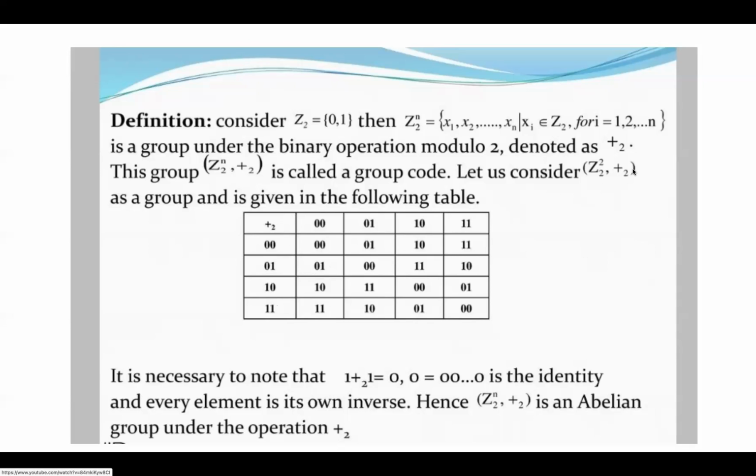If Z cube were here for the binary operation, how many rows and columns would there be? 8 rows and 8 columns. Yes.